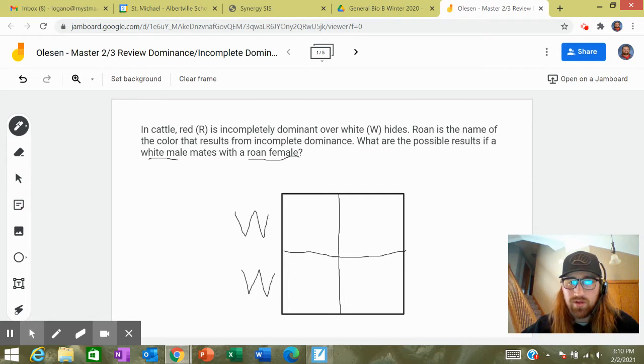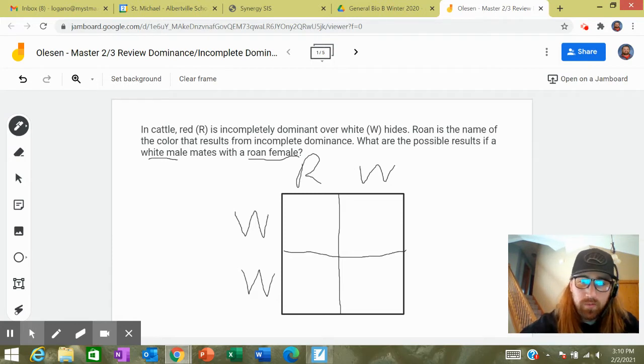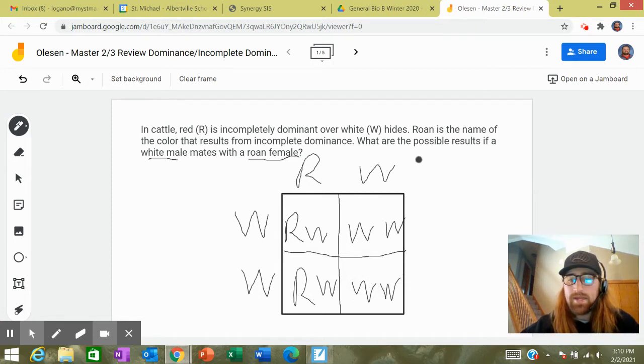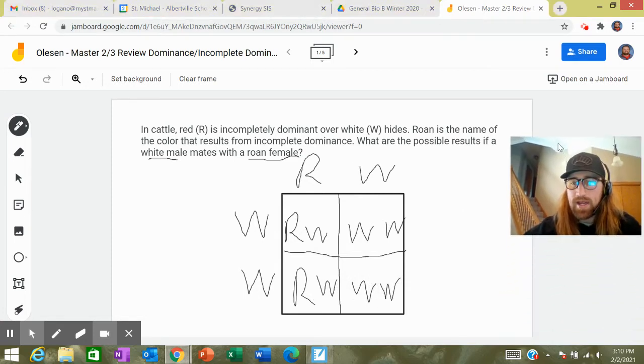Now the roan female is going to be incompletely dominant, which is kind of a combination of red and the white, which is going to give us that RW. So we can run this Punnett square like we've done before. We have an R, we have a W, we have a W, we have a W, RW, and we have a WW. Now we can break this down to answer the questions.